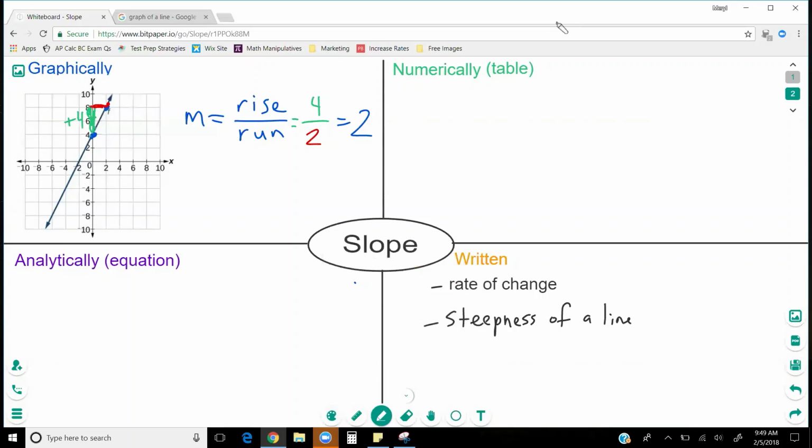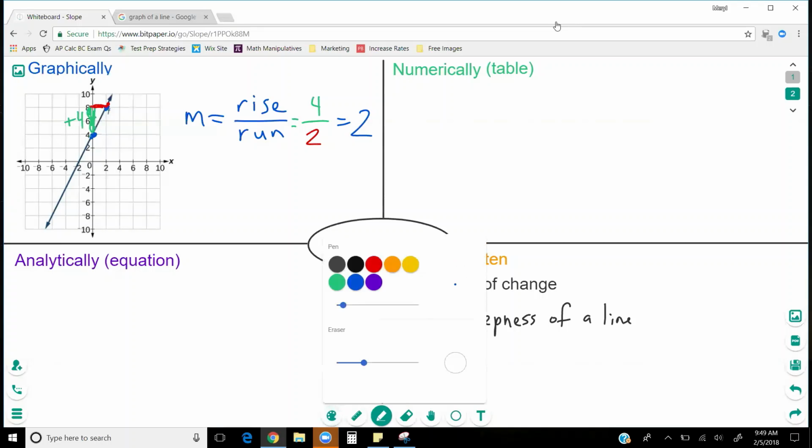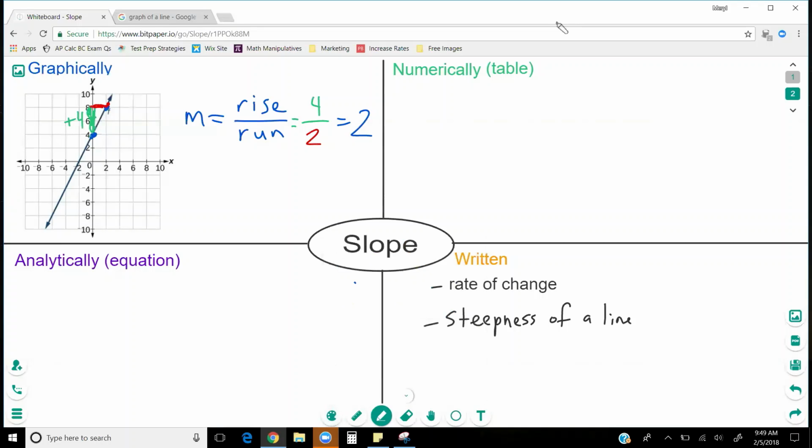We could also represent this numerically with a table. Maybe you've been asked to figure out what the slope is if you're given a table instead of a graph. I can create a table here. Let's just start at 4 and then maybe 1.